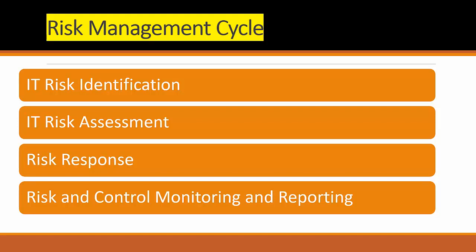Now, if I go by the first step, which is IT risk identification: the first step in the IT risk management process is the identification of IT risk, which includes determining the risk context, risk framework, enterprise risk appetite and tolerance level, and the process of identifying and documenting the risk.